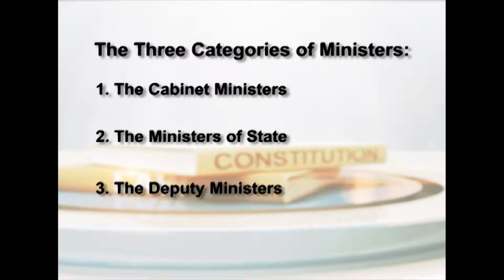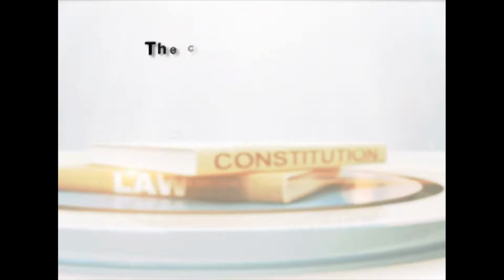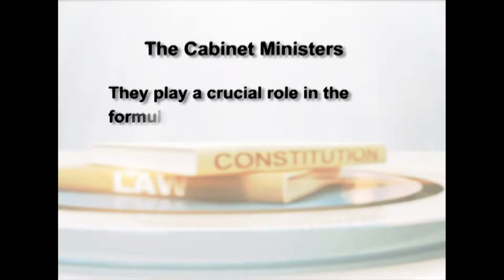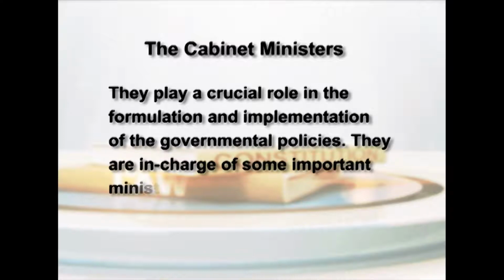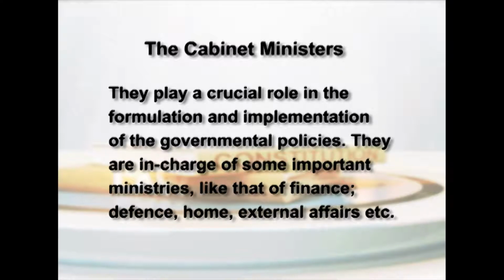The first category of ministers is the cabinet ministers. The cabinet ministers play a crucial role in the formulation and implementation of governmental policies. They are in charge of some important departments like finance, defense, home, external affairs, and so on.